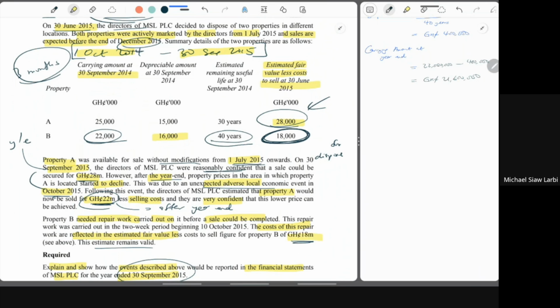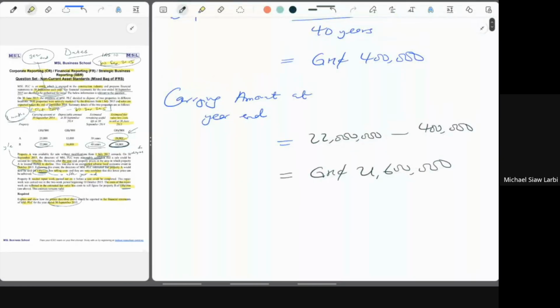Now, in this question, we don't have what we call the value in use. Remember, if you've watched our previous video on impairment of assets under IAS 36, you'd notice that there is something called the impairment test for individual assets, right? You'd have to compare two main things.